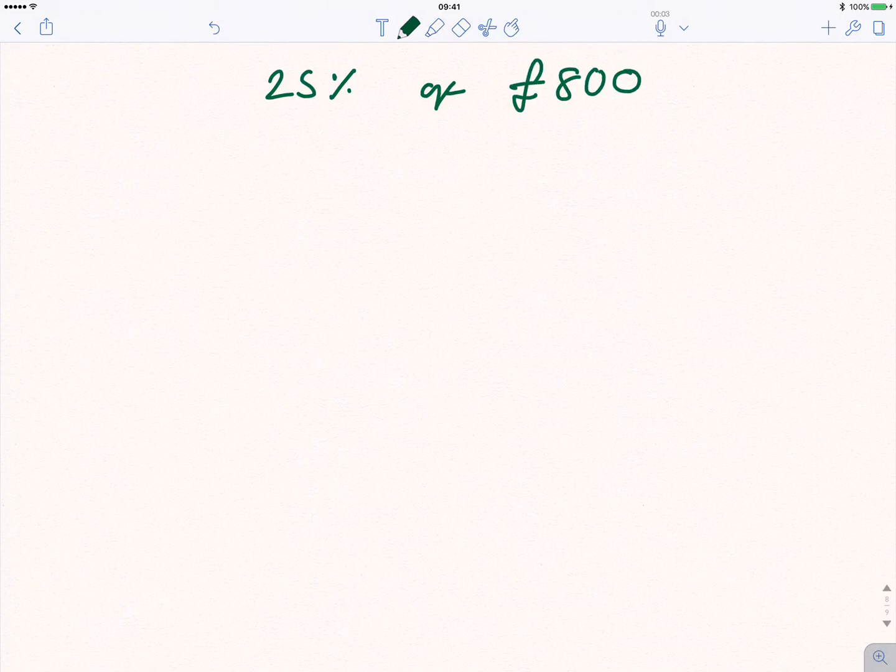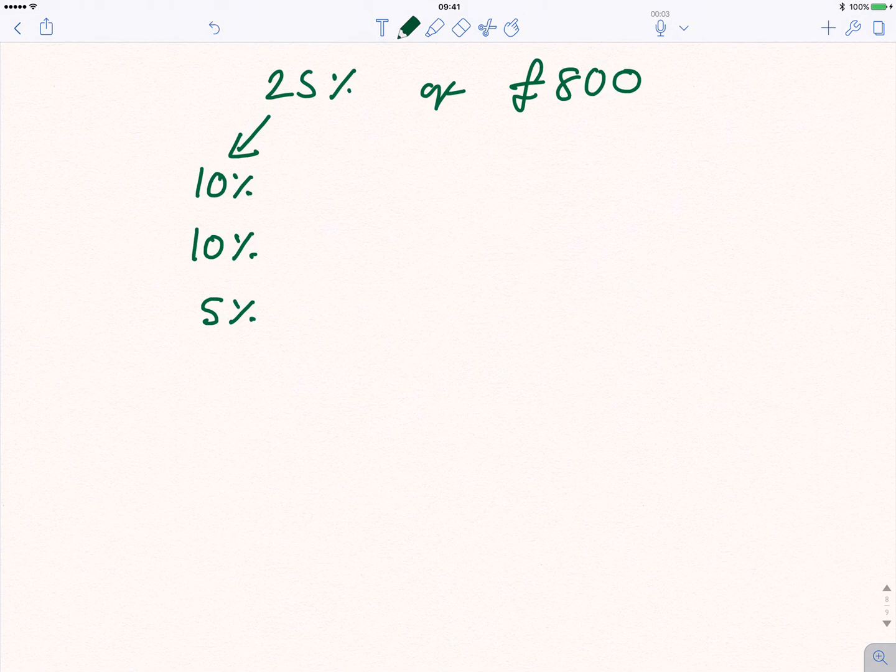Well, before you do any calculations, 25% can be written as, if we break it down, 10%, another 10%, and 5%.